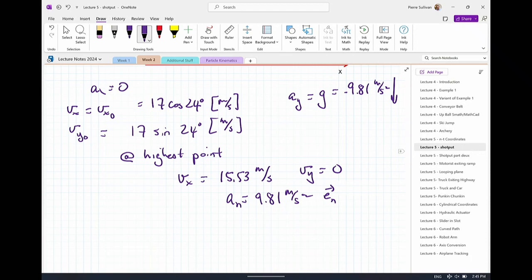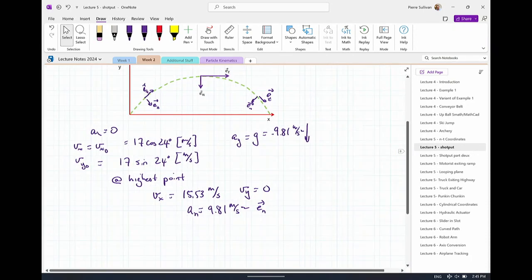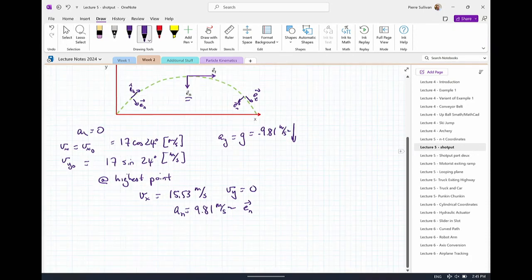Now, the first difference you have from a Cartesian coordinate system to a normal coordinate system is that at its highest point, the normal coordinate is pointing in towards its center of curvature. The positive direction here is pointing downwards.